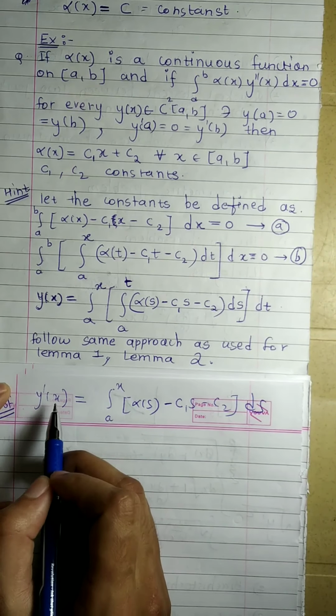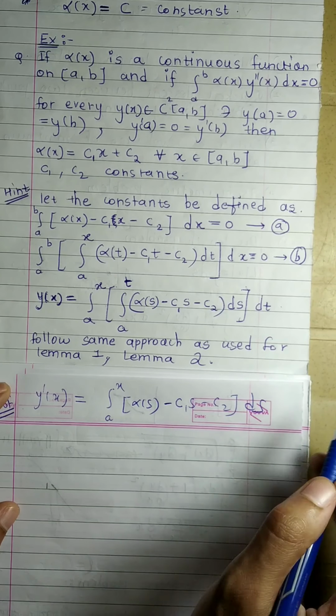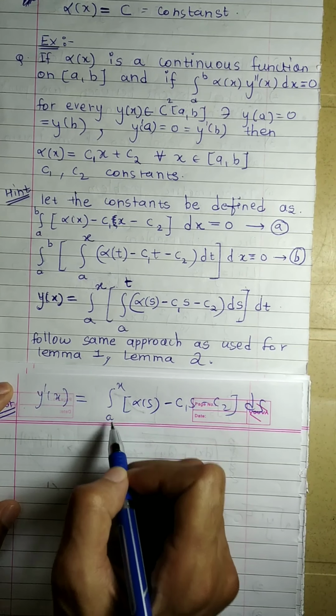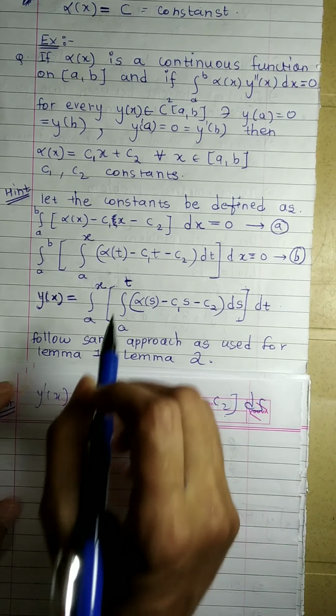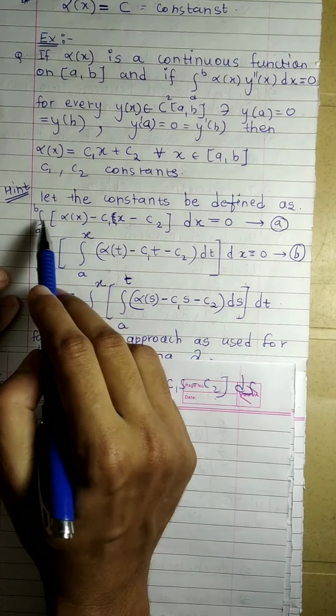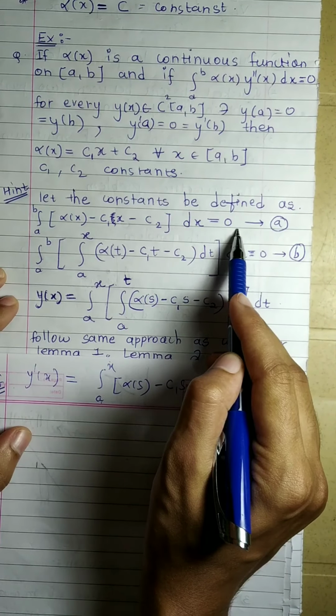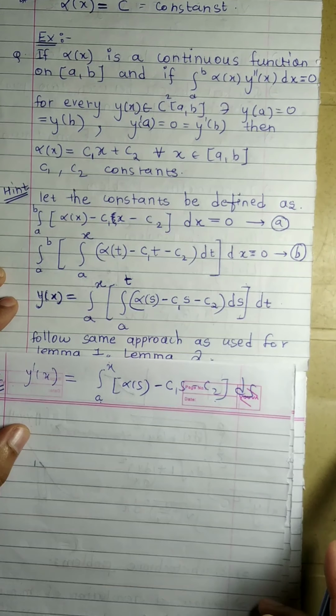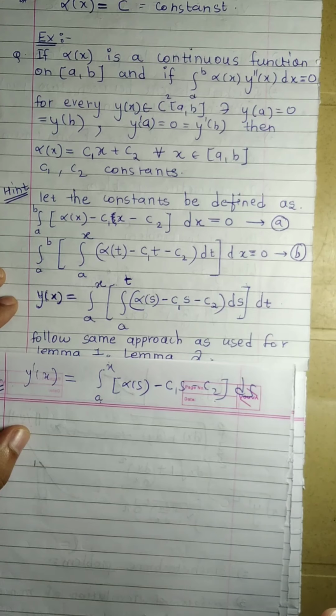So y dash at a will be what? Integral from a to a, so that will go to 0, and y dash at b will be integral from a to b of this, but that is becoming this, which is equal to 0. Therefore y dash at a is equal to 0, and y dash at b is also equal to 0.